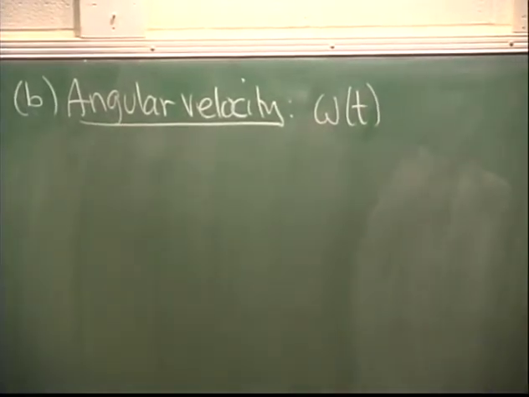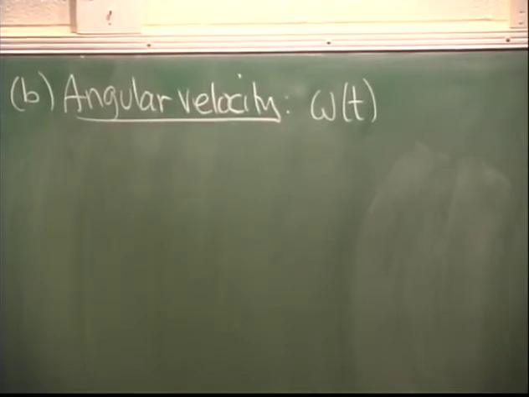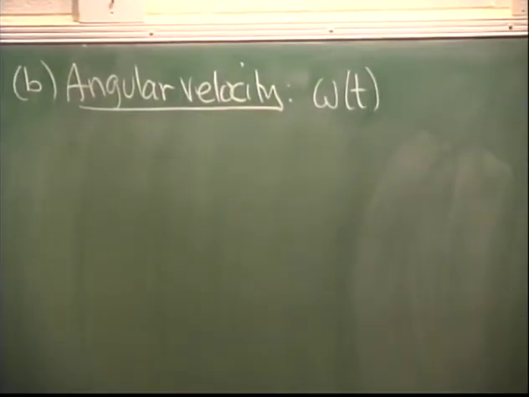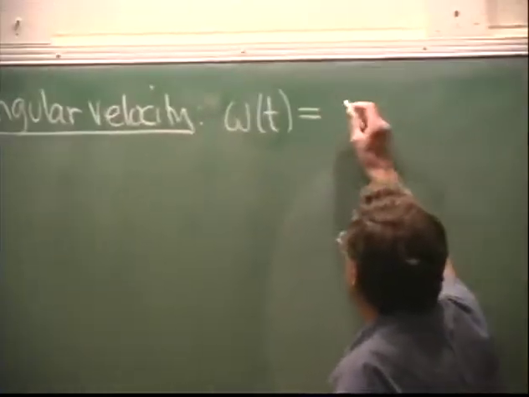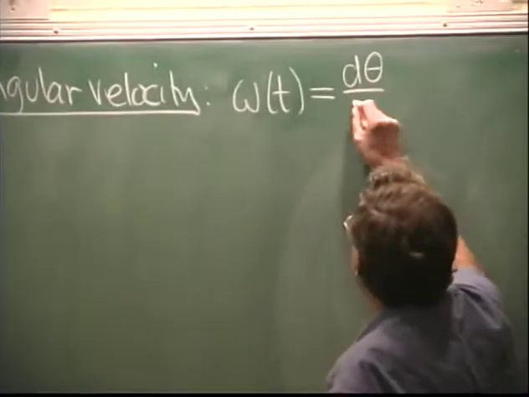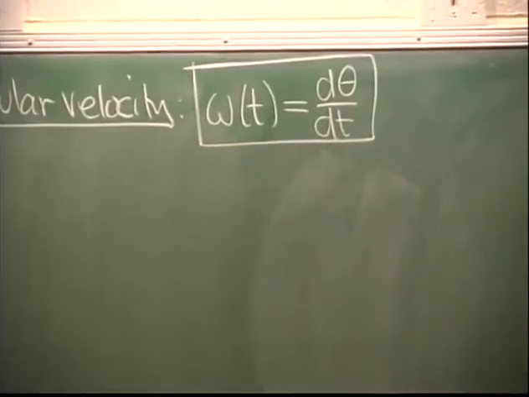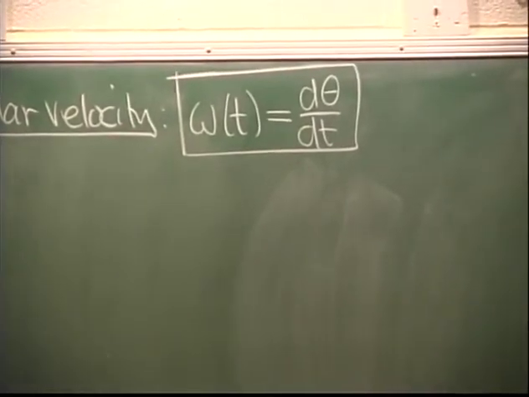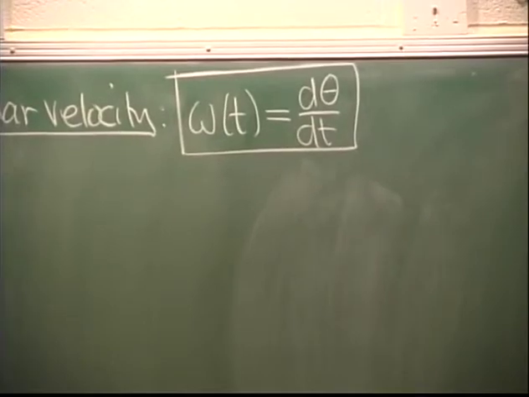Omega, Greek letter omega, not a W. W has points on the bottom. Whatever. Omega of t is d theta by dt, the derivative, the rate of change of the angular position, of course. What are the units of that? Radians per second, or if you prefer, just per second.